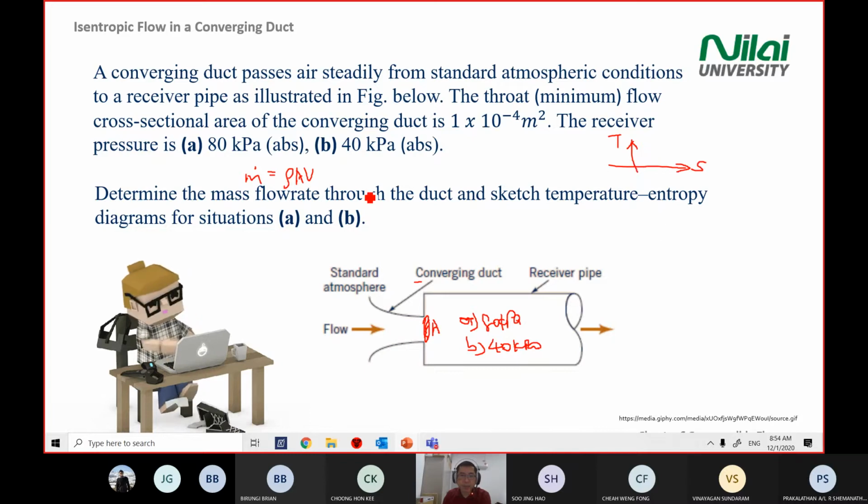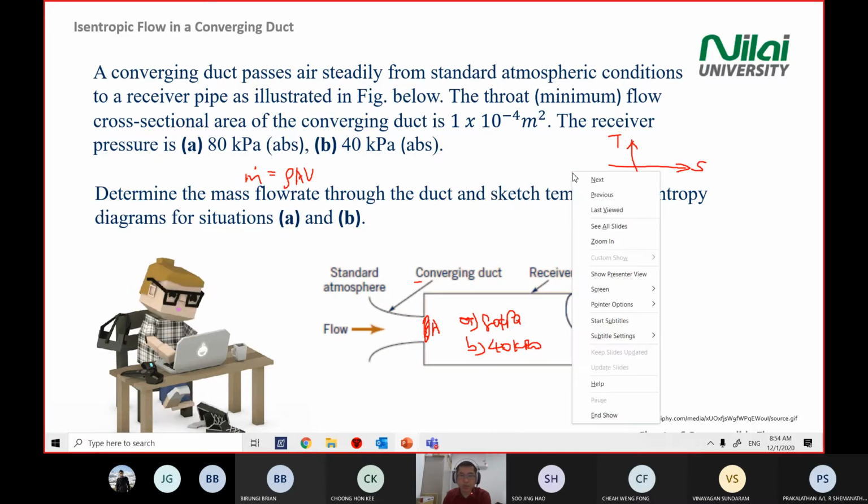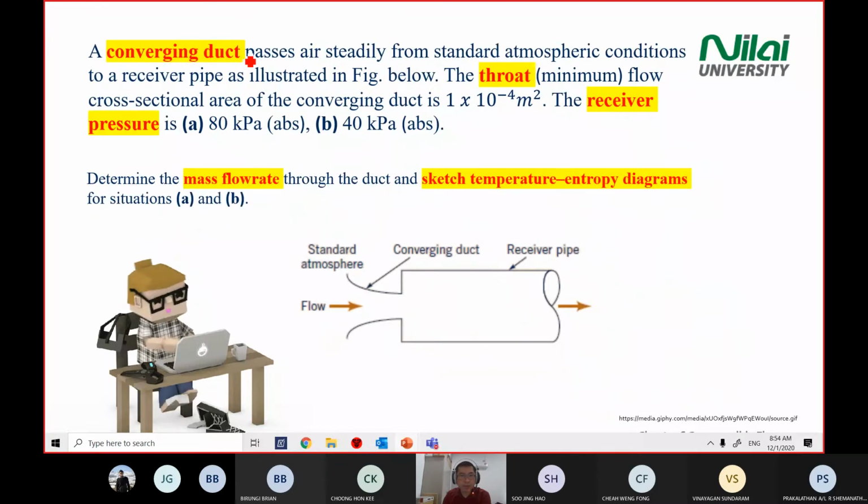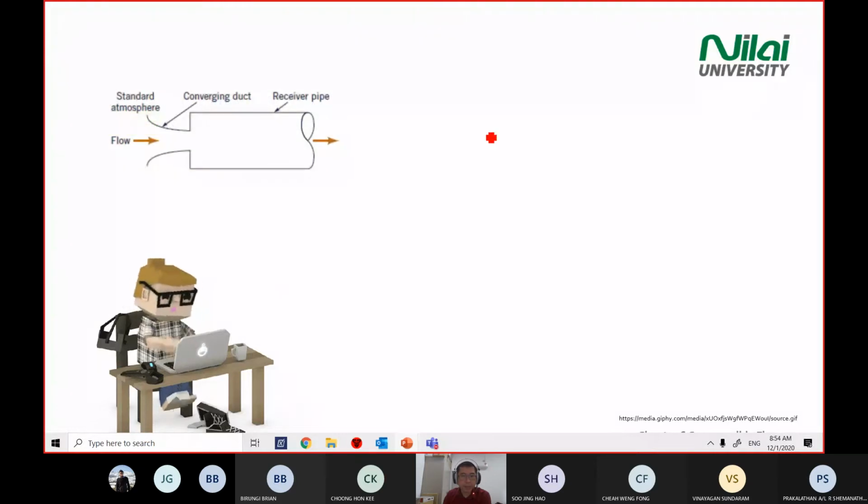Okay, how do we solve this one? So I'm going to show you how we solve this kind of question. All right, so these are the parameters we look at. We're going to look at mass flow rate and we're going to sketch a temperature entropy diagram. Okay, now when we solve a question, we always like to draw a diagram. So we draw out the setting of our system.